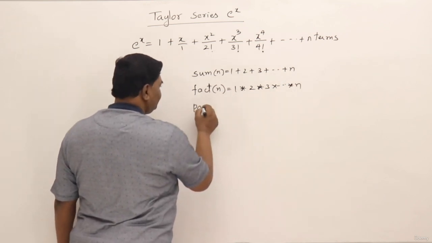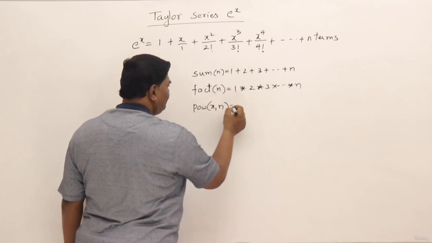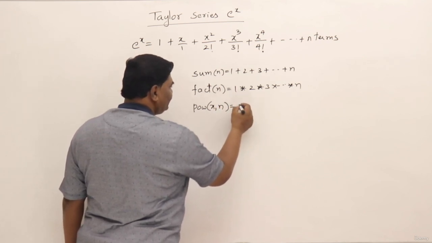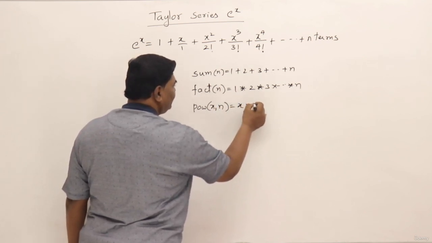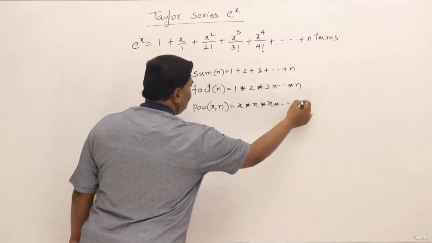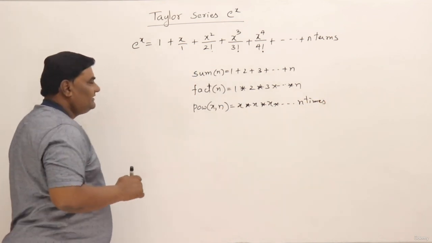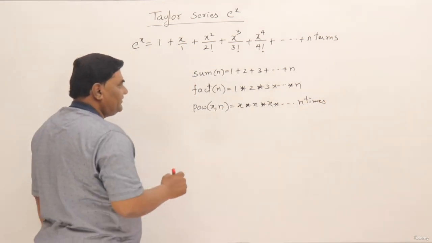And we have written a function for finding the power, m power n, that is x into x into x, going on for n times. We have already written recursive functions for these.